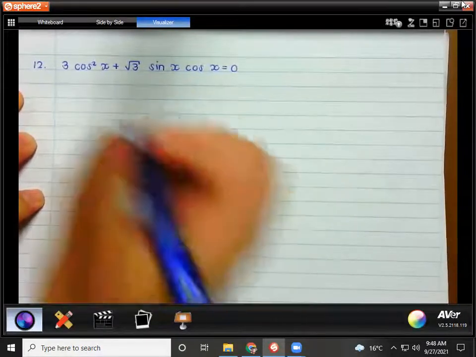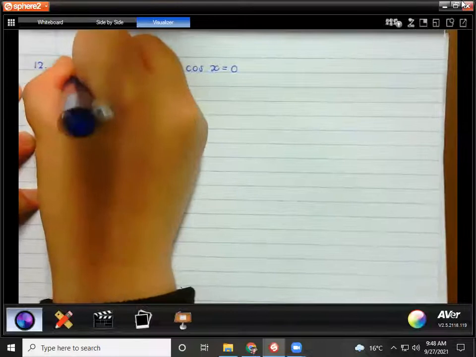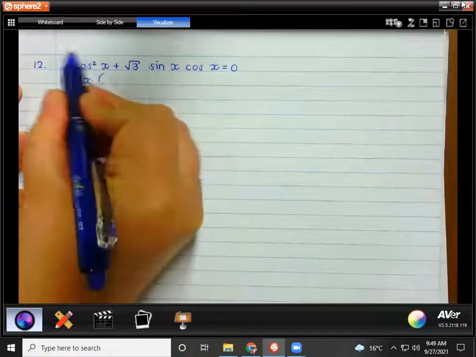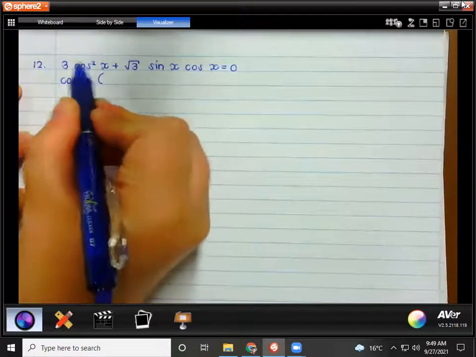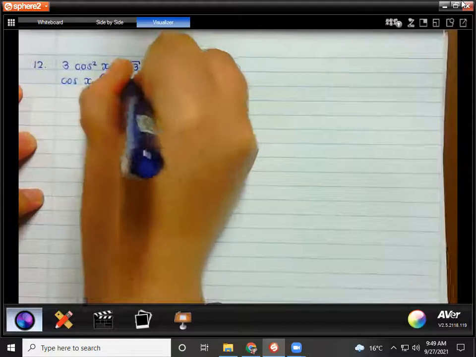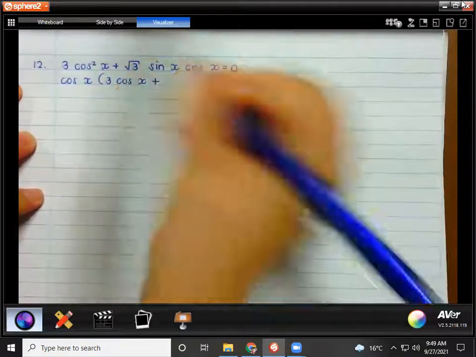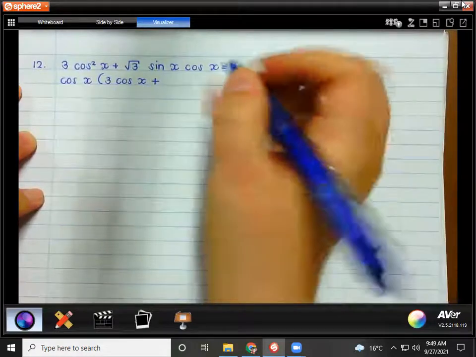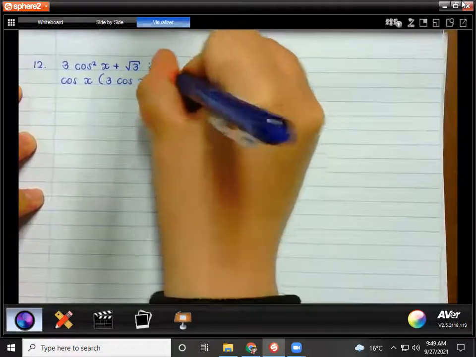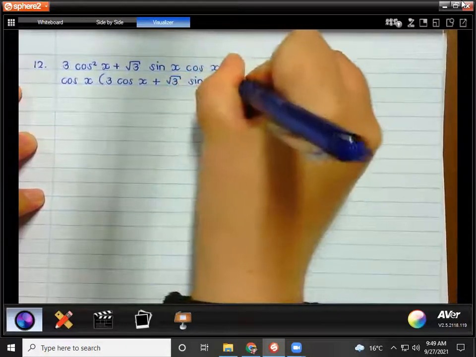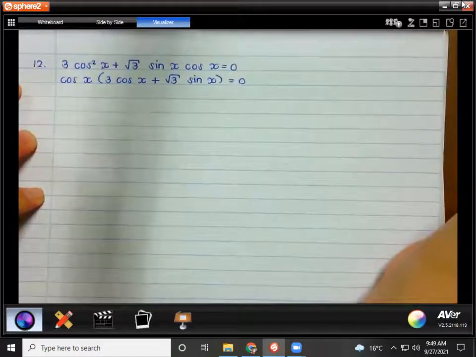We can take cos x out as a common factor from the start. So we'll say cos x. All right, if we divide our first term by cos x, we're going to be left with 3 cos x plus our second term. If we take away that cos x, we're going to be left with root 3 sine x, and that is equal to 0.